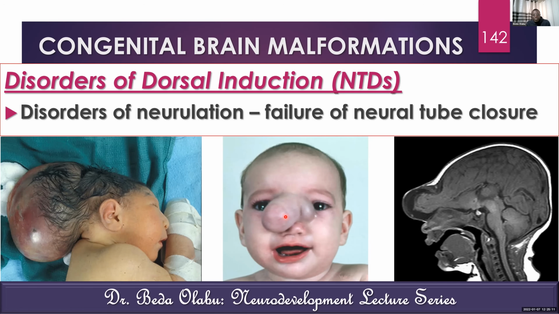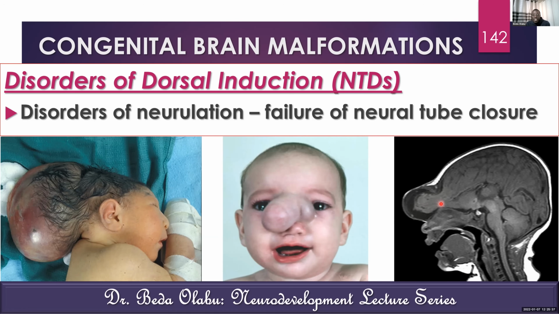This one, it's on the frontonasal aspect. So this is frontonasal cephalocele. Again, it could be encephalocele or it could be meningocele. Most of them are encephaloceles, as we can see here, like this one. We can see, yes, there's a pocket of CSF, but there's also brain tissue protruding.